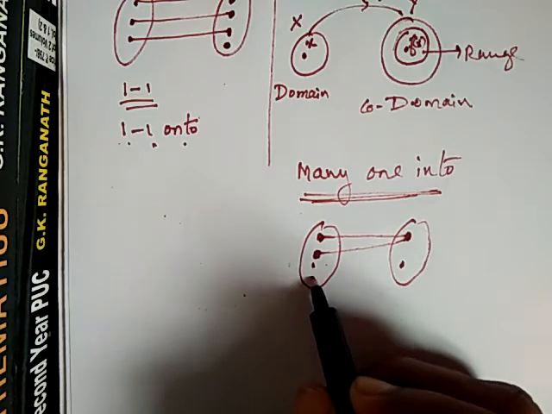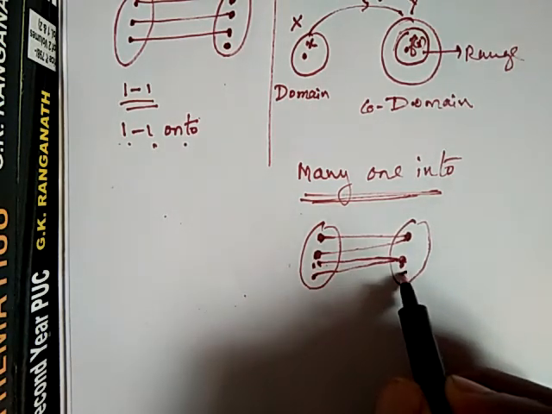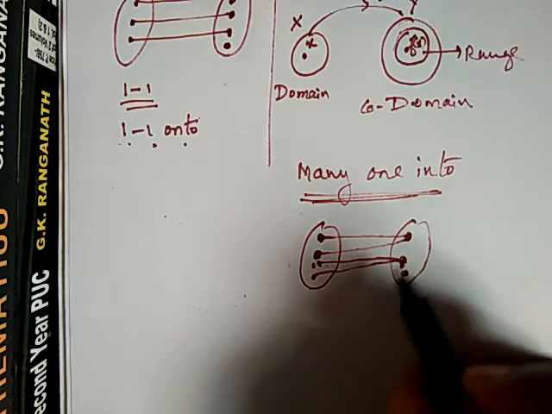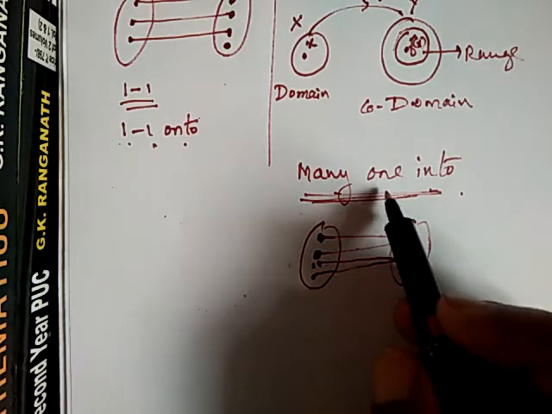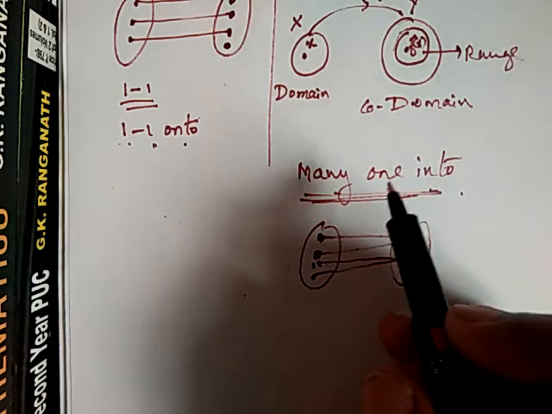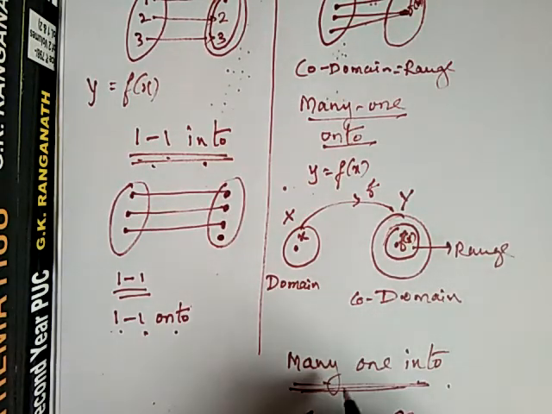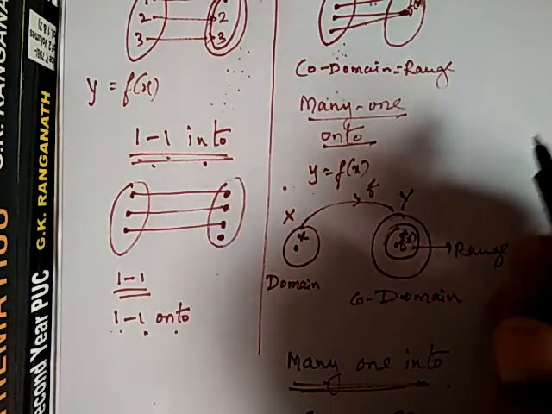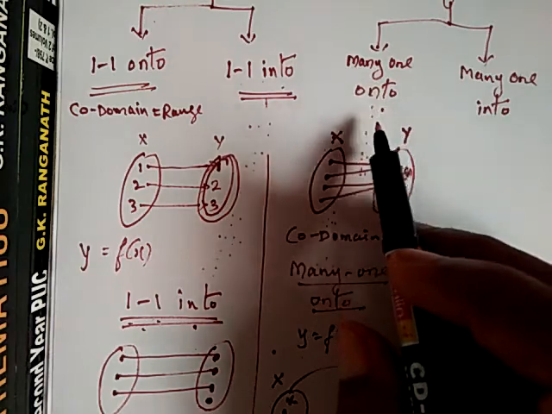Or you can say, if there is one element extra in the codomain, then it is many-one into. To prove many-one into, we don't have any exact rule. After knowing that it is a many-one function, you can check whether it is many-one onto.